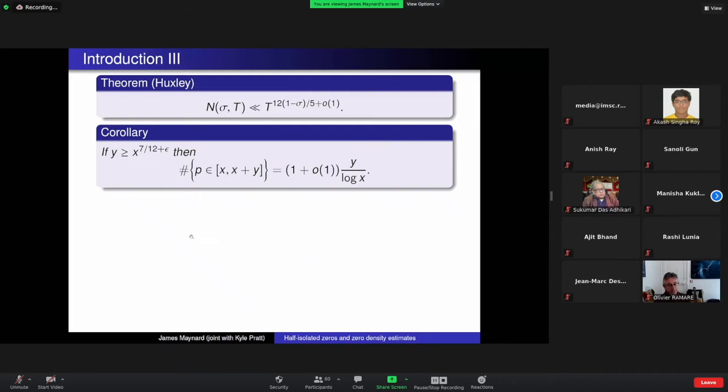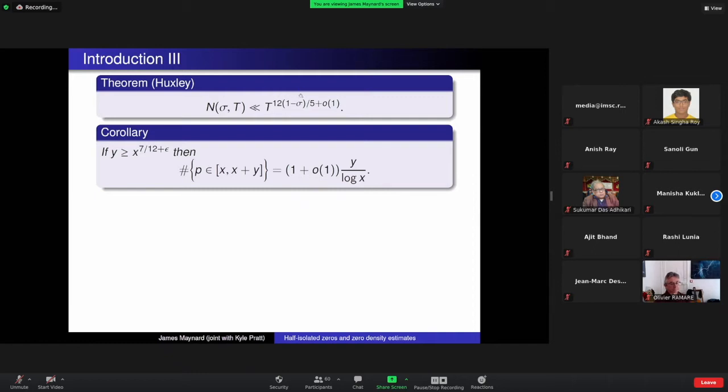And the best known zero density result is a result due to Huxley, at least of the best known zero density result when it's just of the form T to some constant times 1 minus sigma, which is maybe the most important form of zero density results.